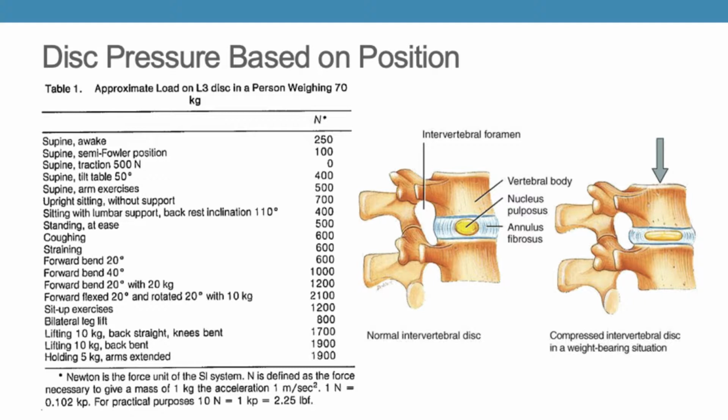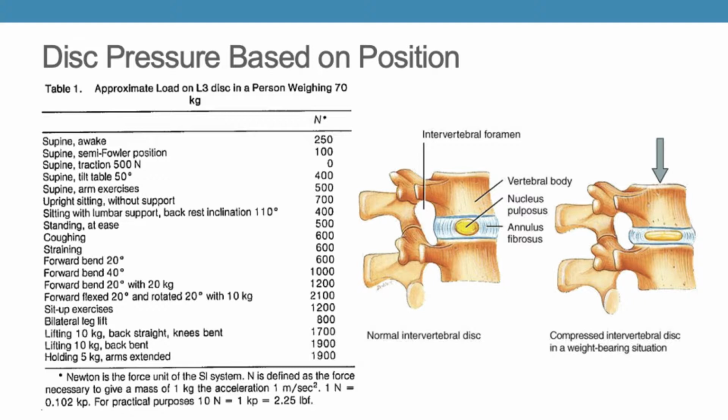In any daily activity or athletic activity that you engage in, when the disc absorbs that load, it can absorb it in a congruent way, in a way that distributes the forces equally across the disc, or it may absorb that load in an uneven way.